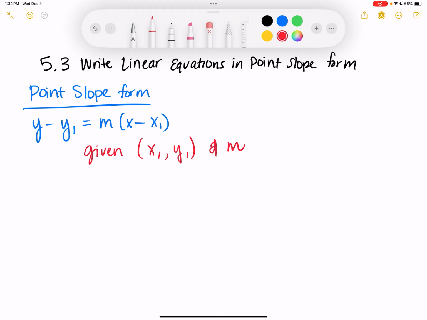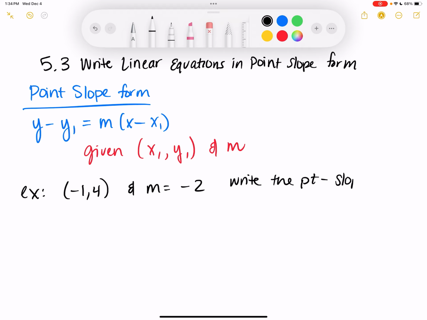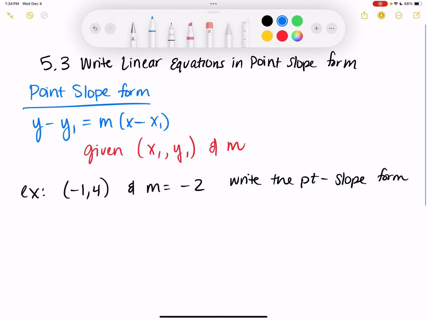So, for example, if they give us the point -1, 4 and a slope of -2, and they tell us to write the point slope form, then we have y minus y1 is 4 equals m, which is -2, times x minus x1 is -1.